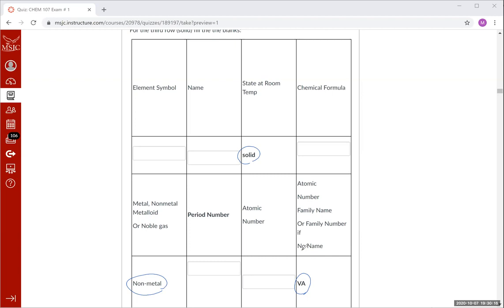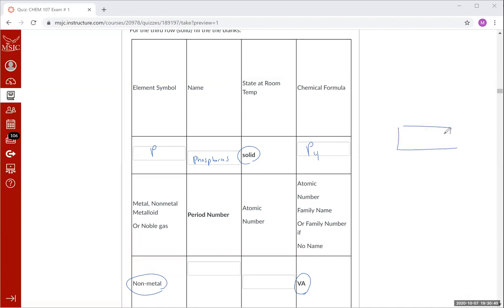Phosphorus, exactly right. So we'd write the name. What is the chemical formula of phosphorus? P4. Yep, it's a polyatomic of the form P4.